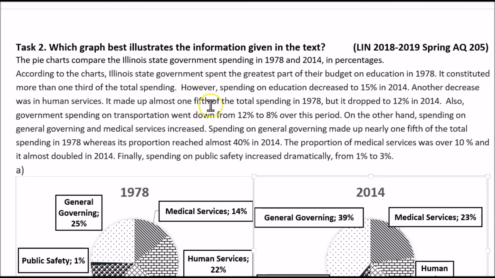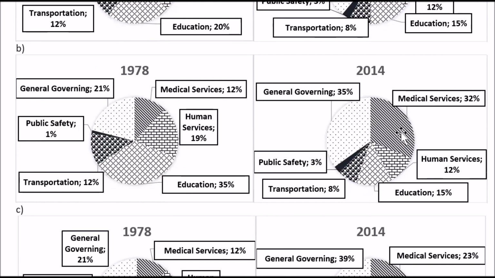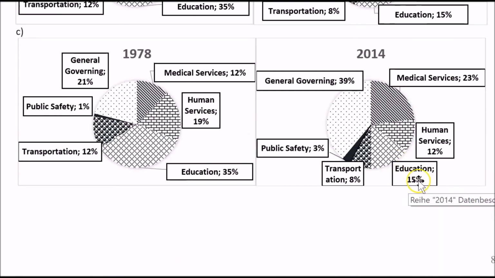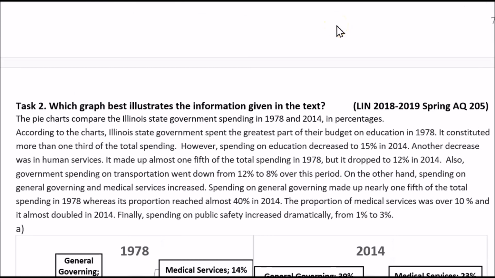Sorry, the paragraph here. The following sentence tells us that spending on education decreased to 15% in 2014. Let's see. In choice B, in 2014, if the education dropped to 15%, that is correct. And in 2014, for choice C, it is also correct. Now I'm going to continue with the next sentence.